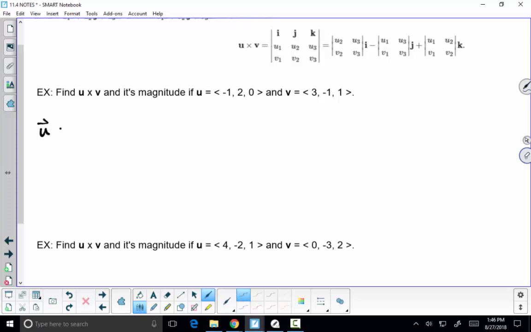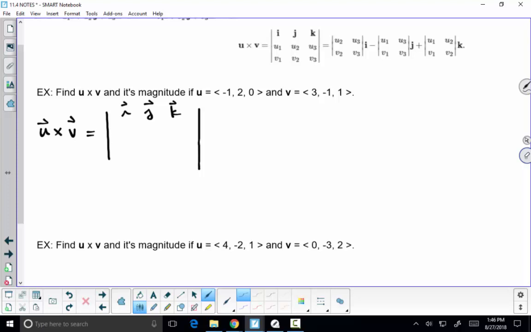So when we want to find the cross product of these two vectors, I've told you that the result is a third vector. So we have to end up with a vector in three-dimensional space. Up here in this formula, they're using I, J, and K. Those are representing the unit vectors that point in those directions: I in the X direction, J in the Y direction, K in the Z direction.